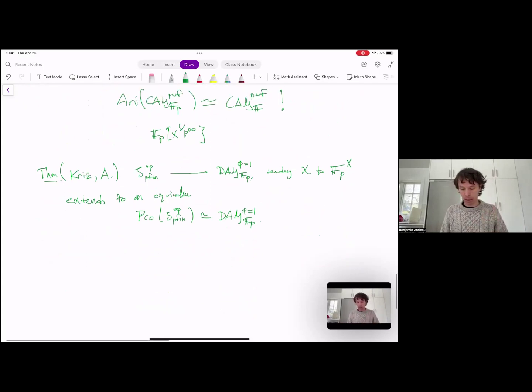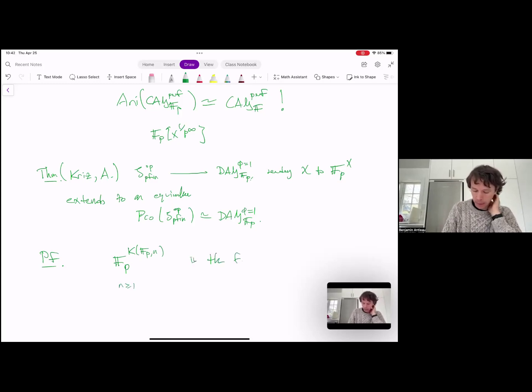Maybe I'm not going to sketch the proof, but let me just remark what you prove is that this F_p cochains on K(F_p, n) for n at least 1 is the free p-Boolean derived commutative ring on a degree minus n generator.